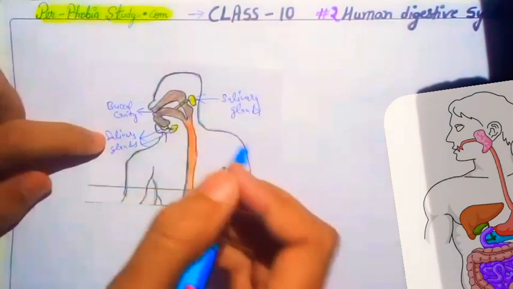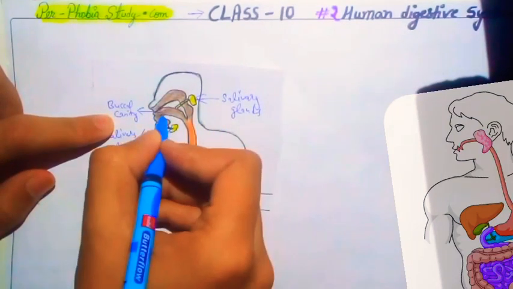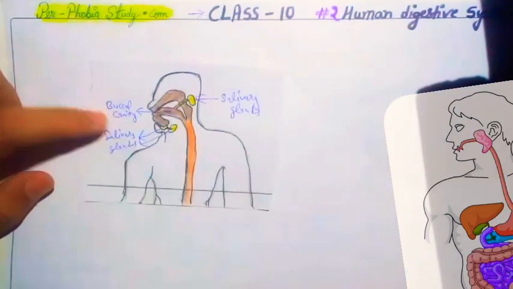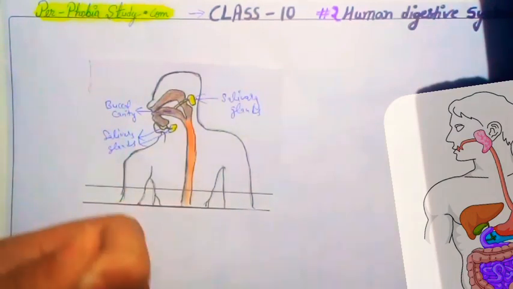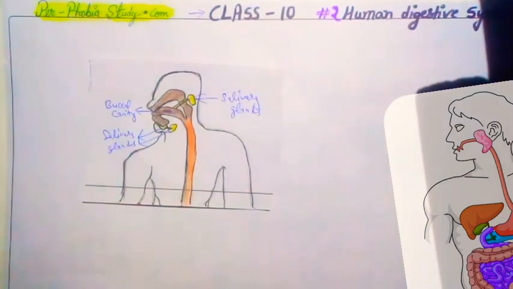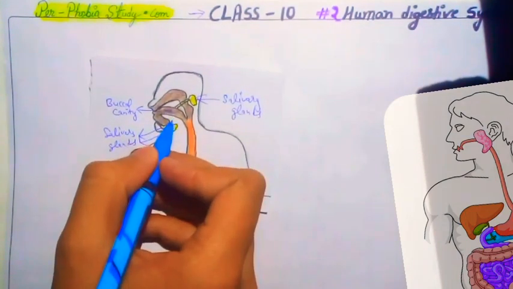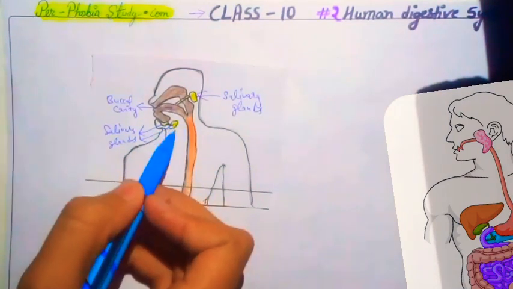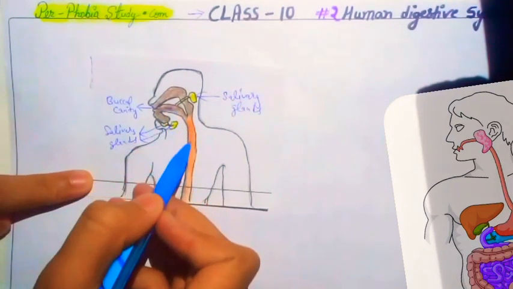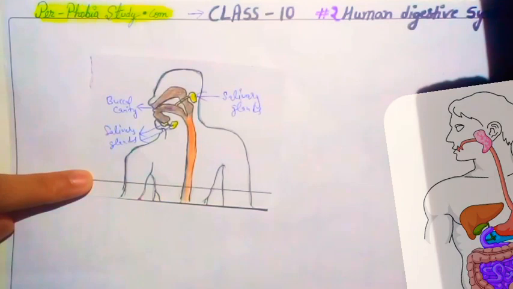When you eat something, you feel your mouth water. So what is it? Yes, it is saliva, students. The saliva mixes with food and makes its passage smooth.